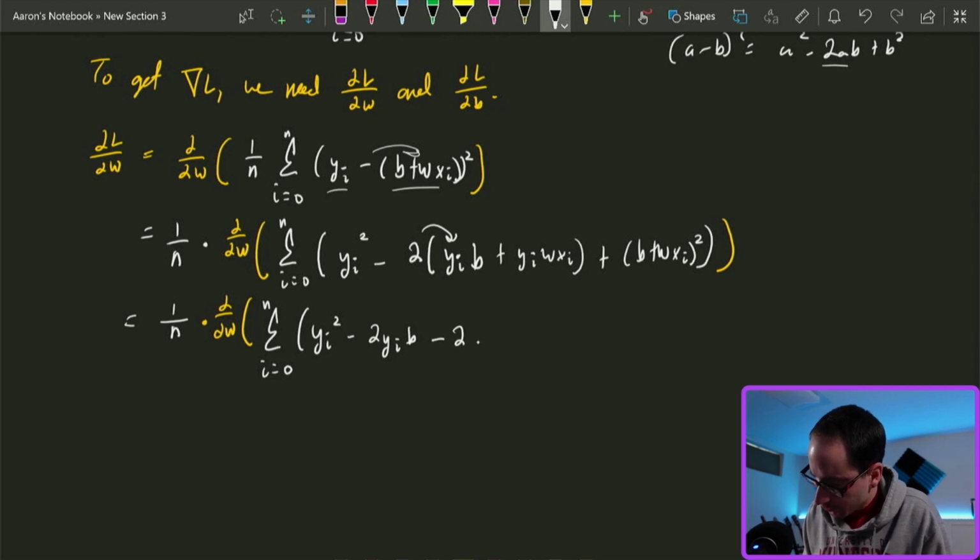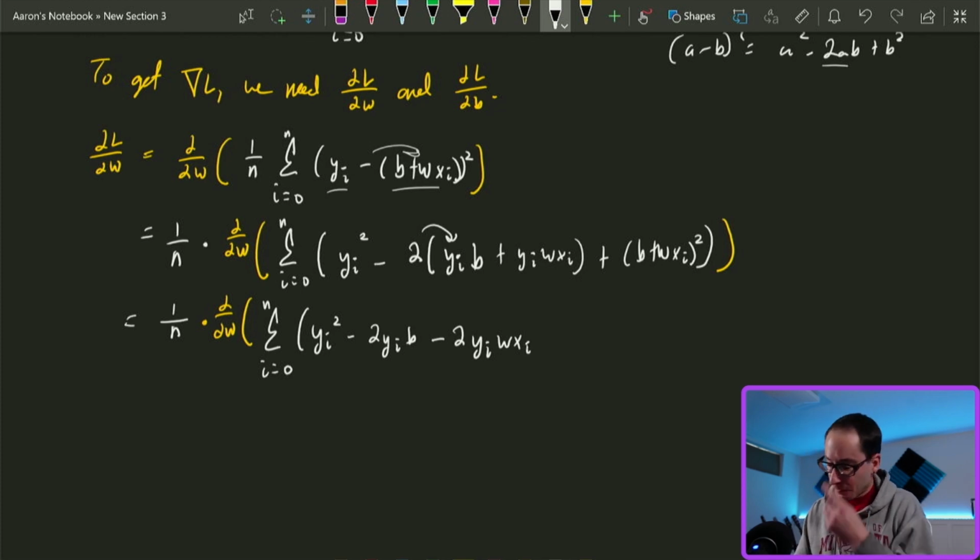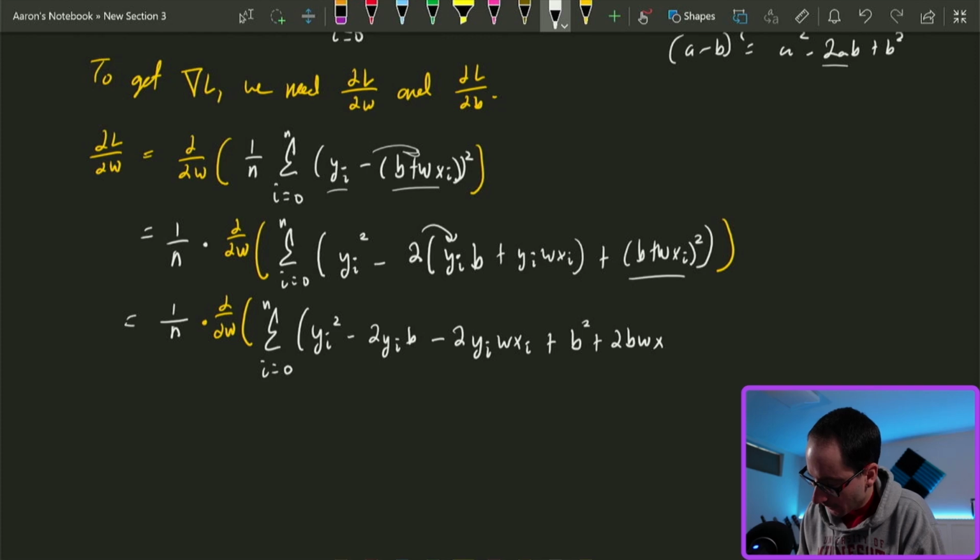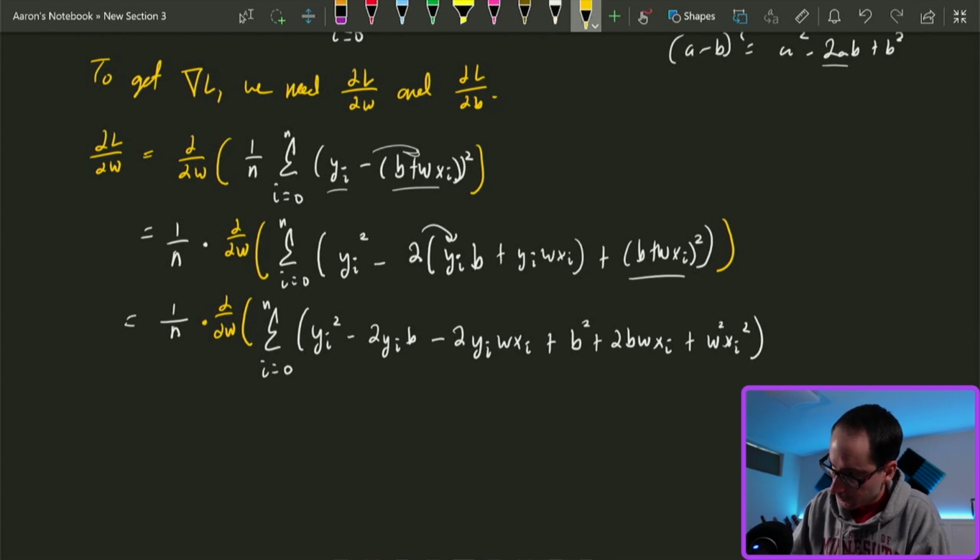Minus 2yi wxi. And then I can FOIL this thing out as well. Plus b squared plus 2b wxi plus w squared xi squared. There we go. And I think that's it.